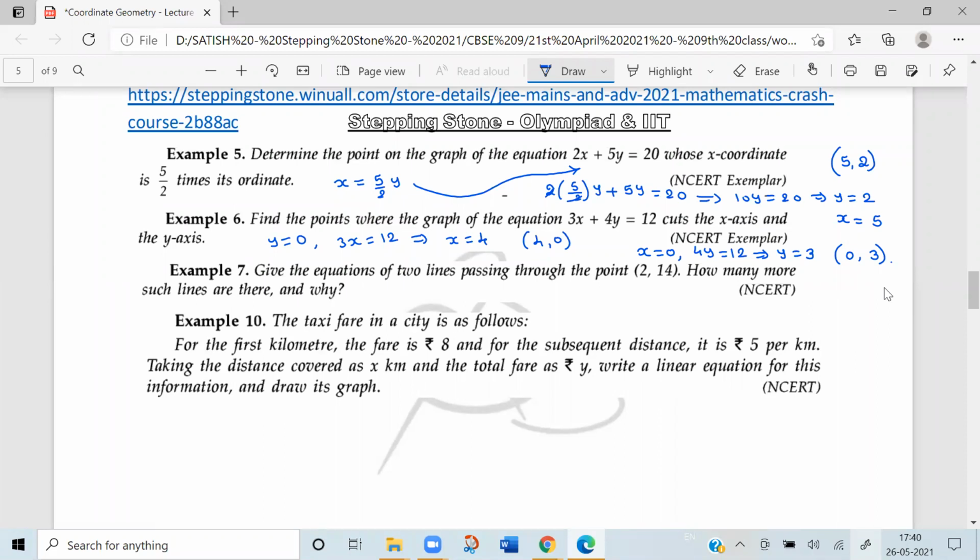Next. Give the equations of two lines passing through the point (2, 14). How many more such lines are there and why? Try, all of you, and tell me.